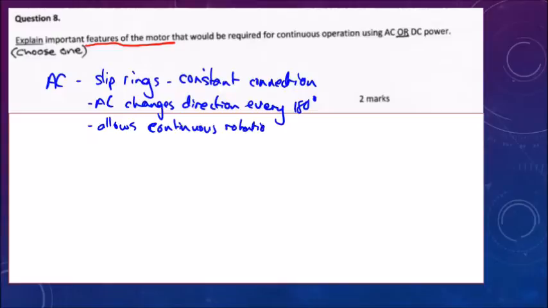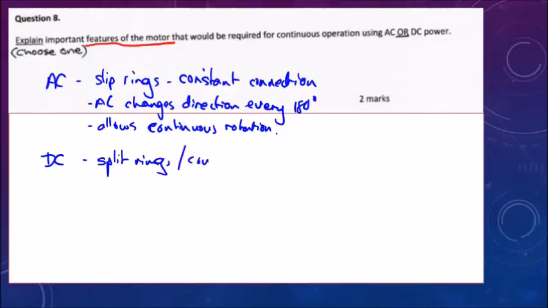So this is an explanation, excuse my scribbly writing, that describes a feature of the motor and explains why that works.